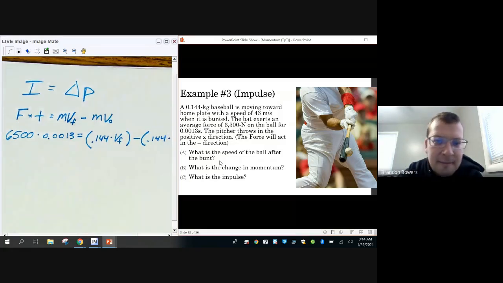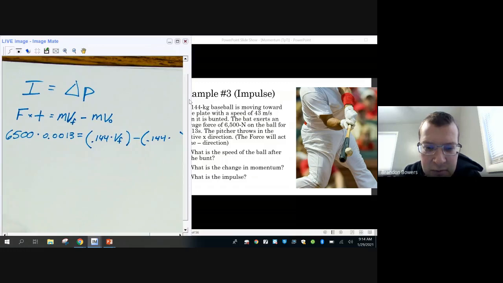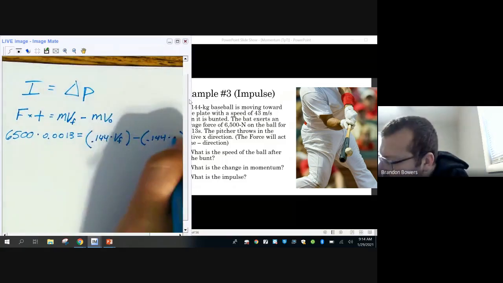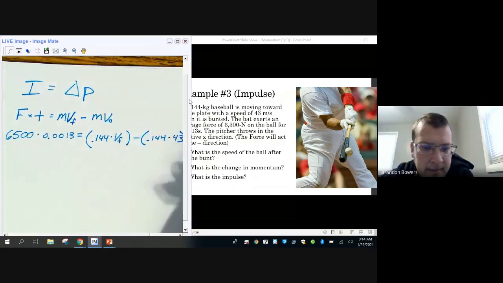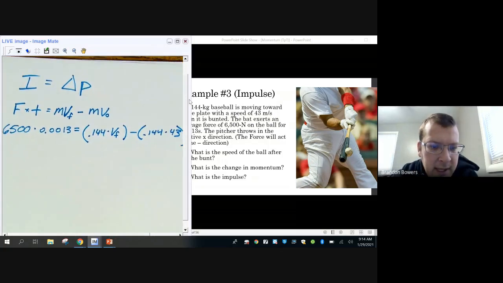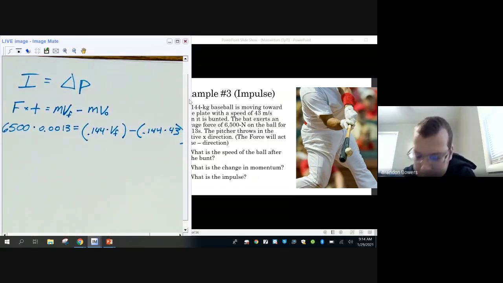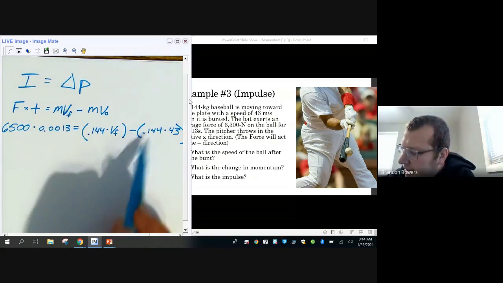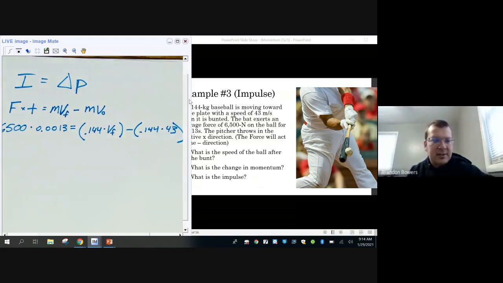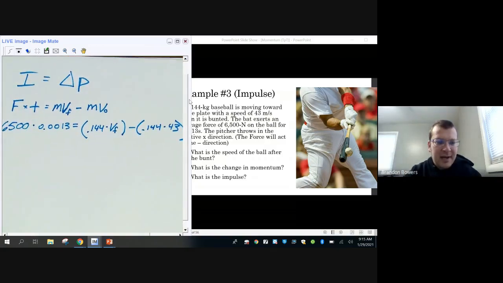Oh, can't see that, that's my bad. That's how you would set that up. So you multiply these two numbers, add that over, and divide by that. Let's try to solve for final velocity.